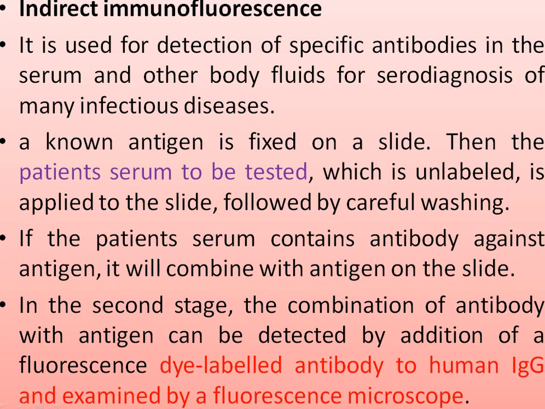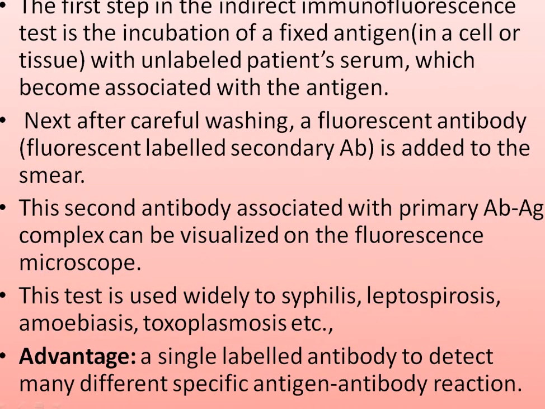If the patient's serum contains antibody against the antigen, it will combine with the antigen on the slide. In the second stage, the combination of antibody with antigen can be detected by addition of fluorescent dye labeled antibody to human IgG and examined by an immunofluorescence microscope.